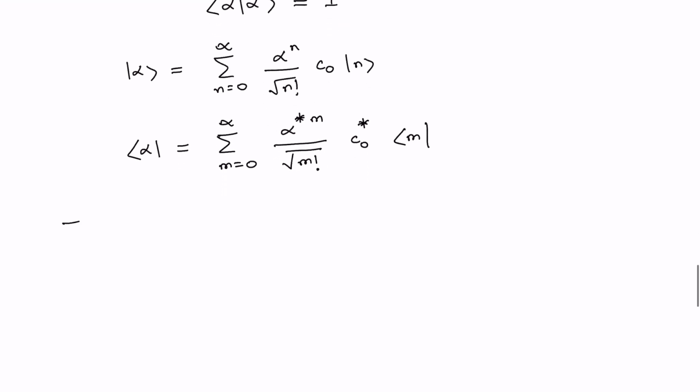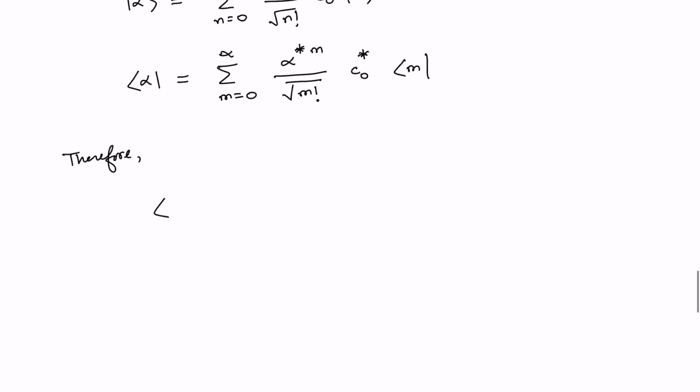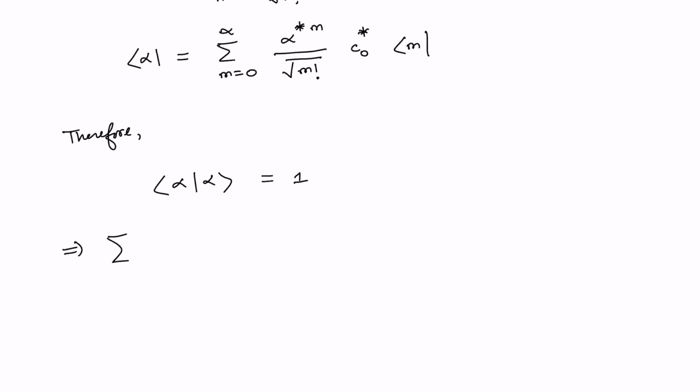So therefore now I can write this equation as the sum over m equal to 0 to infinity, n equal to 0 to infinity.